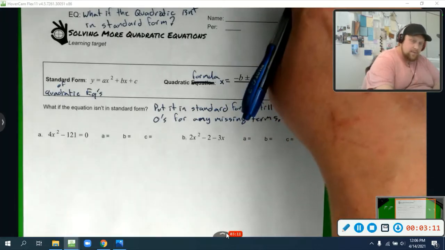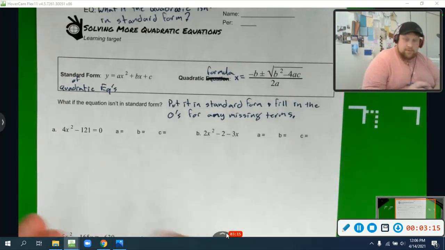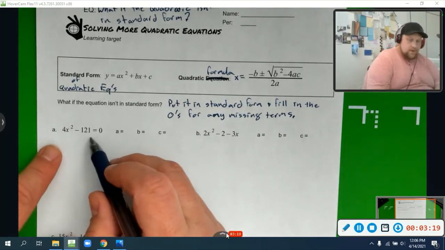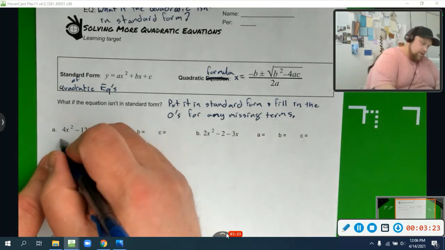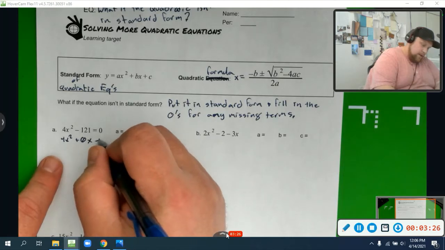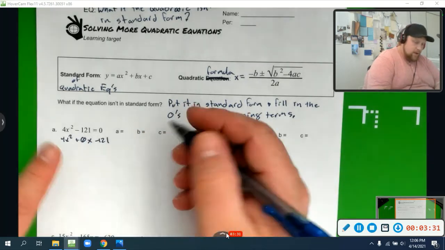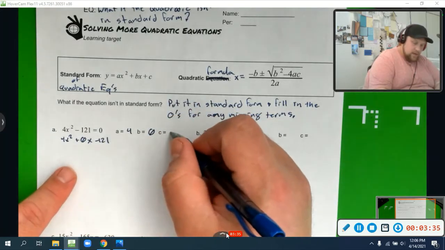Okay, so what does that mean? Well, let's look at it. It's different depending on the quadratic you're dealing with. So this one right here, it's already technically in standard form. I'm just missing the bx term. So if I were to rewrite this, it would be 4x squared plus 0x minus 121, right? And so then we would identify, okay, now we know our a is 4, our b is 0, and our c is negative 121.